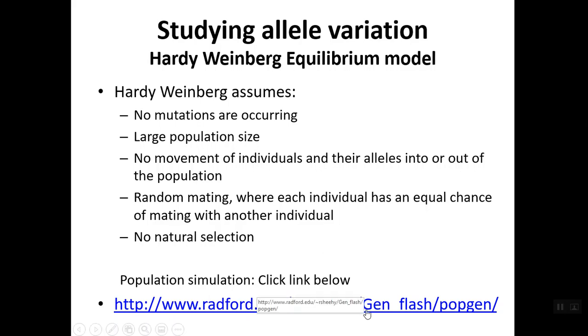You can also change the number of generations, and you can see how over many hundreds of generations this equilibrium can be maintained constant. Allele frequencies can be maintained constant if you don't alter the population, and so on. I invite you to click on this and play with it. It really shows you nicely how this equilibrium model works.